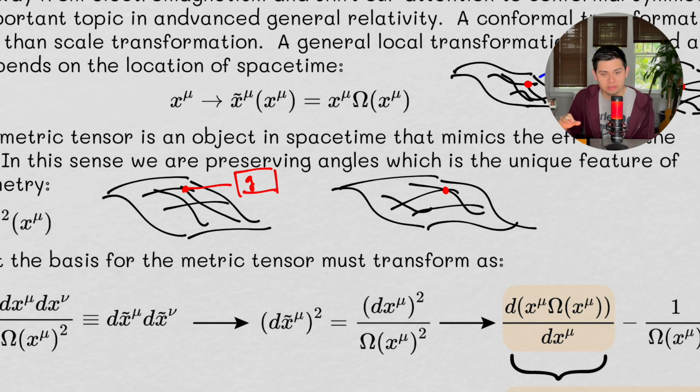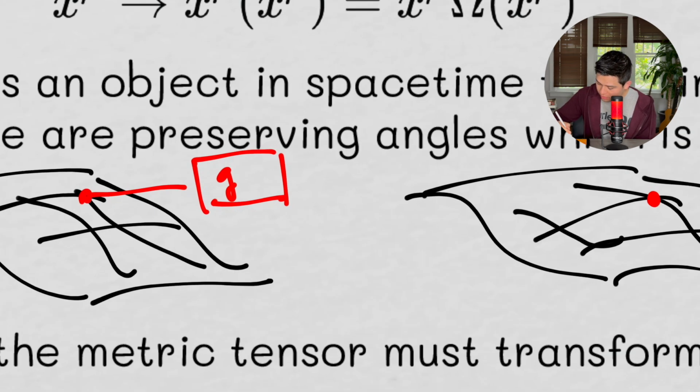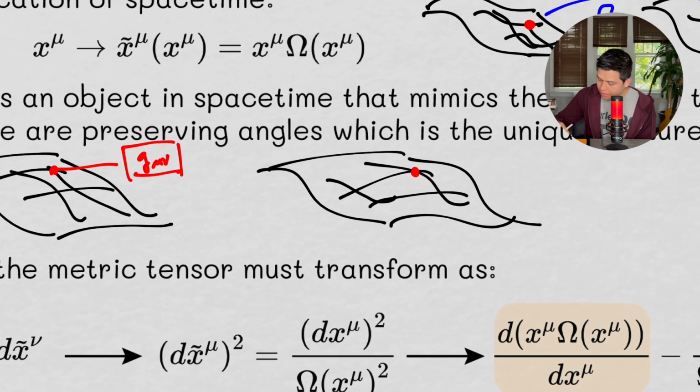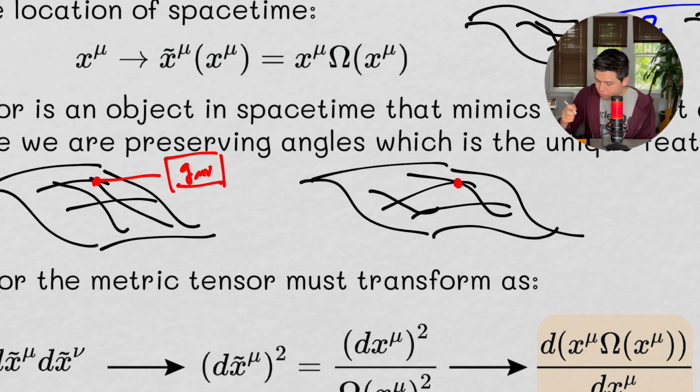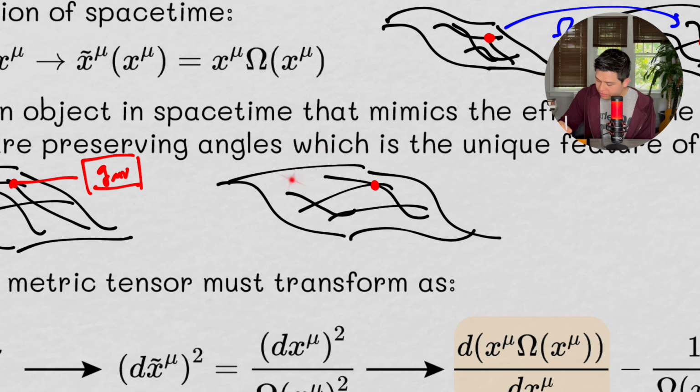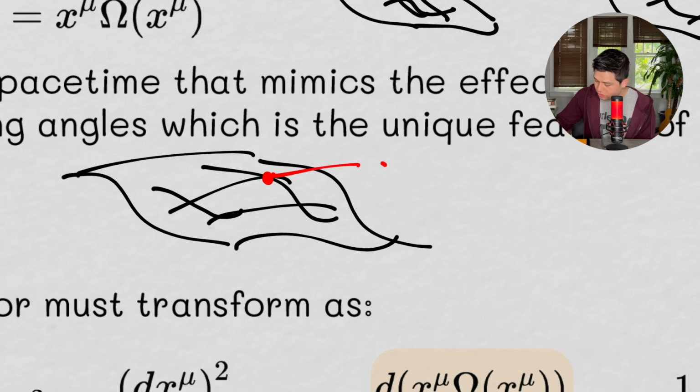We've talked about a lot of this already, but we have this metric tensor, G mu nu, okay? And we want to transform this metric. We want to understand what it looks like in this new coordinate system, right? So we have G prime mu nu, okay?